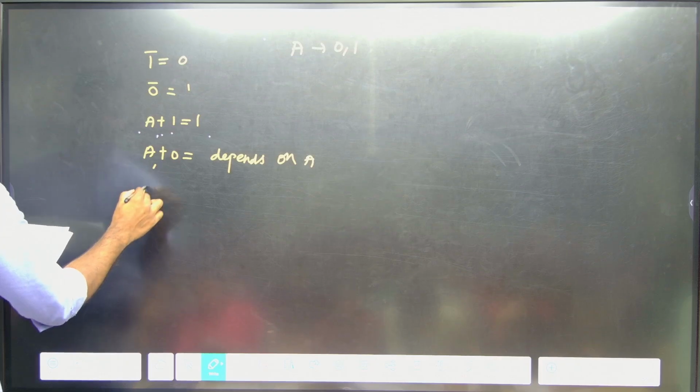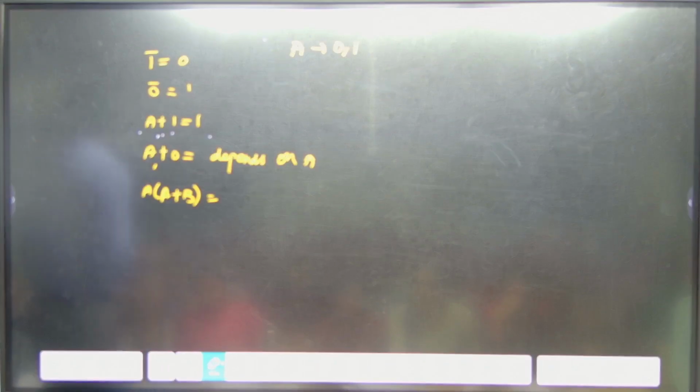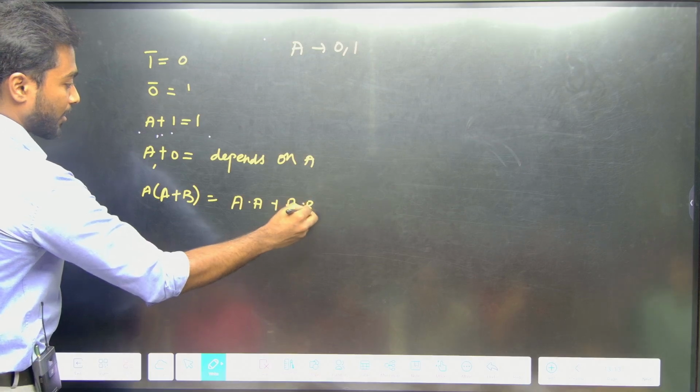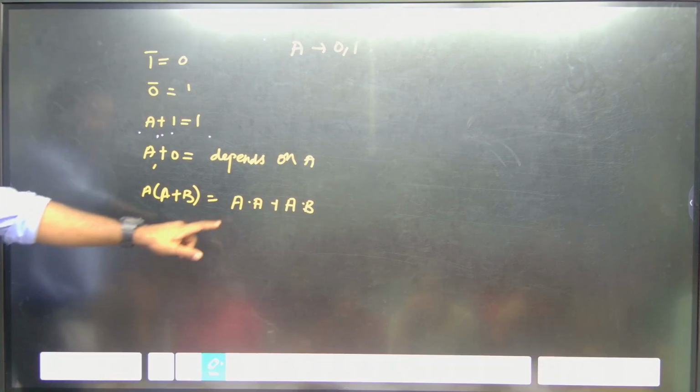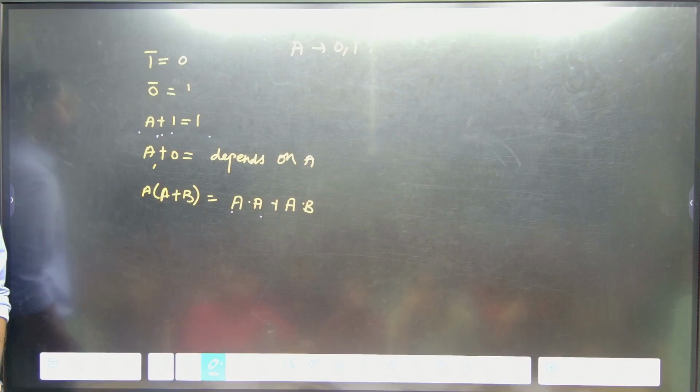Fourth one, A of A plus B, A of A plus B. Alright, take the distribution: A dot A plus A dot B. So 0, 0, 0 only will get 0, 1, 0, 0, 1, 1, 1.